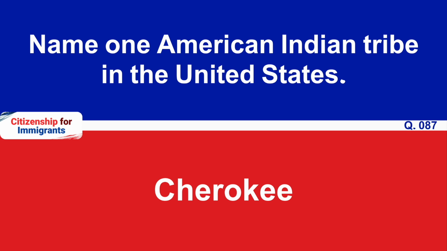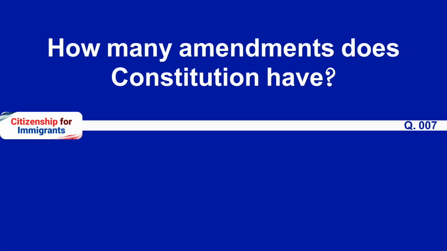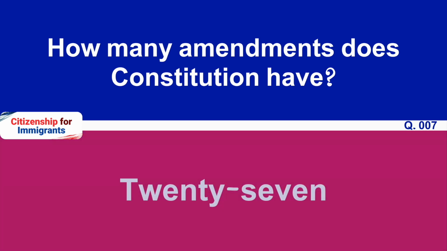Cherokee. How many amendments does the Constitution have? 27.